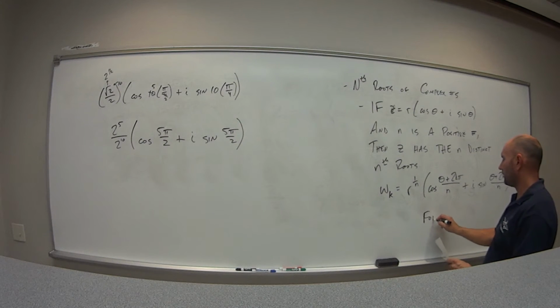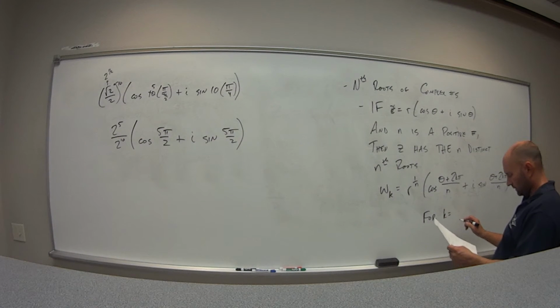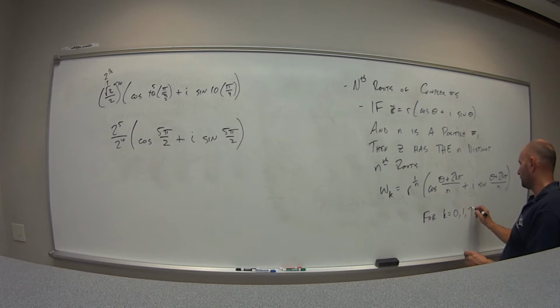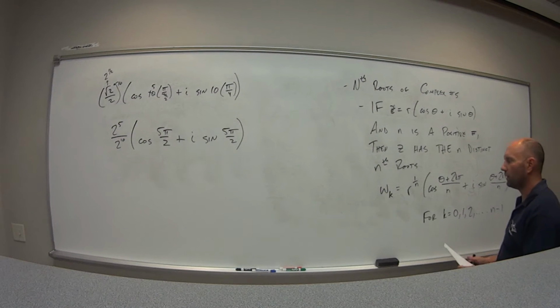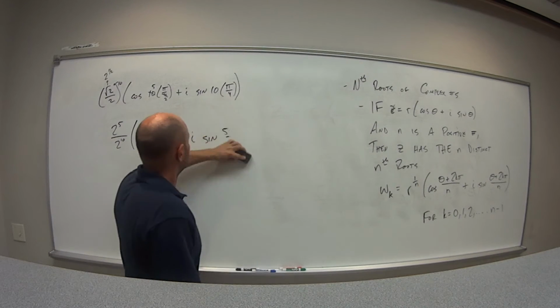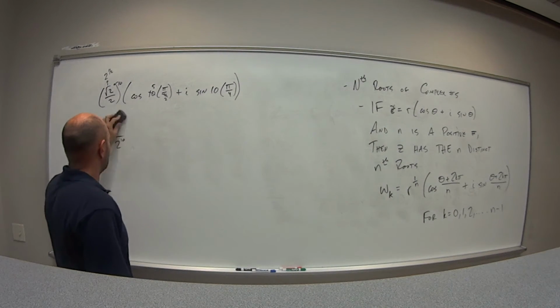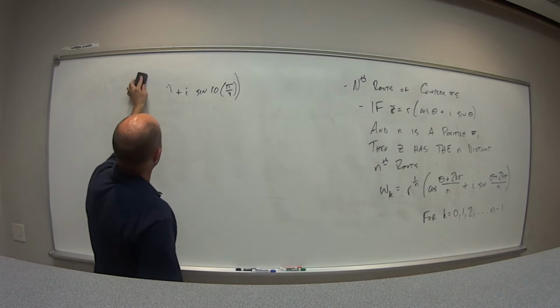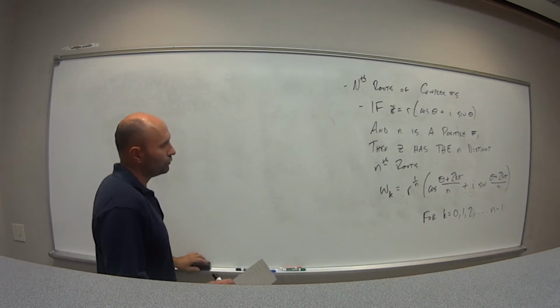And this is for values of k equal to 0, 1, 2, etc., all the way up to n minus 1. We'll look at an example, which will hopefully make it a little more clear as to what's going on if we're talking about the nth roots.